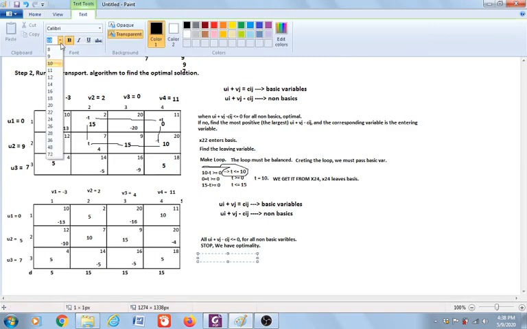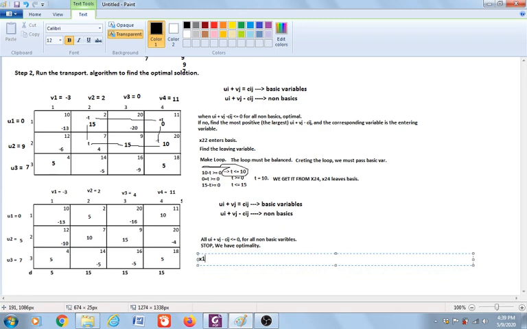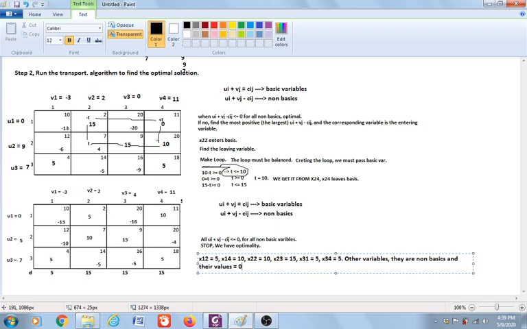So what is the solution? The solution is x12 equals 5, x14 equals 10, x22 equals 10, x23 equals 15, x31 equals 5, and x34 equals 5. The other variables are non-basic and their values are 0.